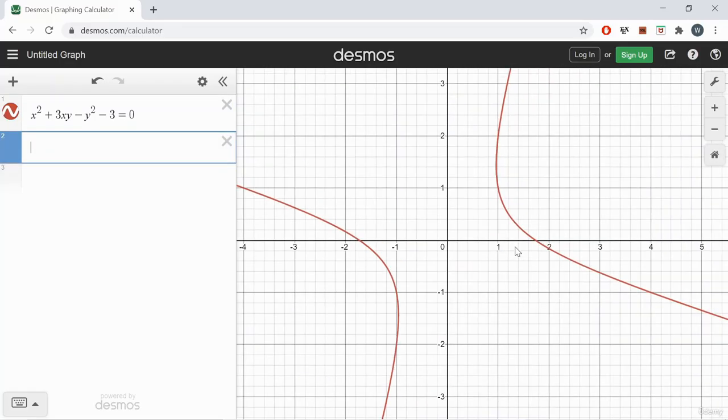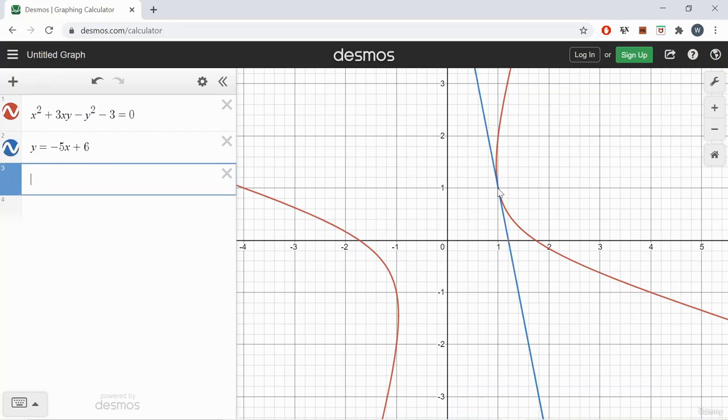And we were trying to find what's the equation of the tangent at the point 1, 1. And we got our answer that y equals minus 5x plus 6. Okay, nice. We can see that that blue line there really does just skim past our curve at the point 1, 1. So it's really nice to check graphically your answers sometimes just to get a sense of what's going on.